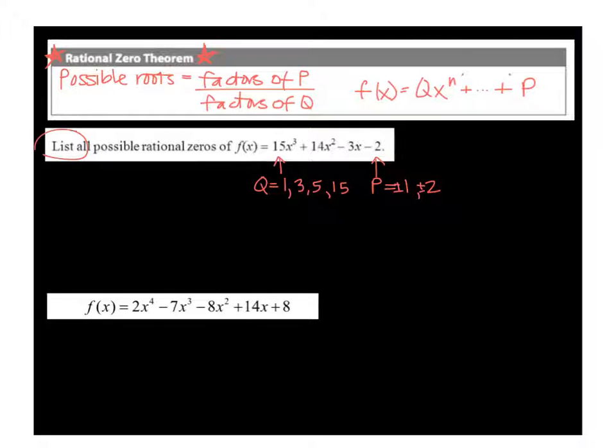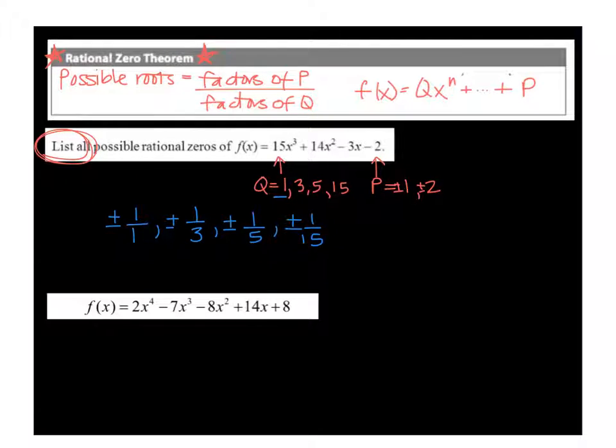So when it says list all the possible, I need to make all of the combinations of fractions that I can, where I'm going to do p over q. So I want to put my p values on top. So that's going to be plus or minus 1 over 1, so I'm picking the first q value, or plus or minus 1 over 3, plus or minus 1 over 5, plus or minus 1 over 15.